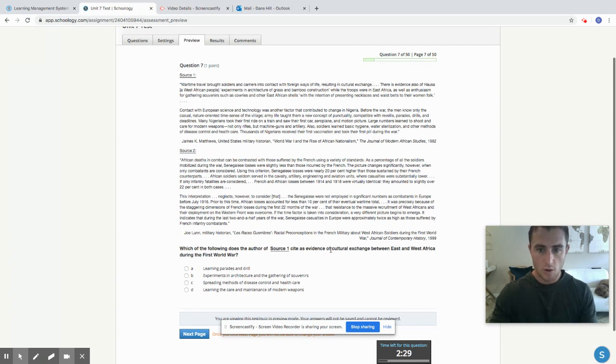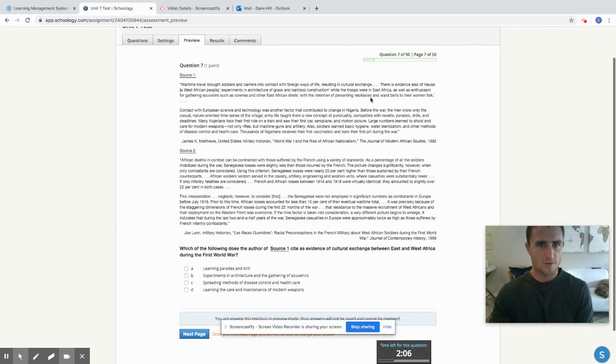It says, what do we have as evidence of cultural exchange? So there is evidence also of the Hausa experiments in architecture of grass and bamboo construction, while the troops were in East Africa as well as enthusiasm for gathering souvenirs such as cowries and other East African shells with the intention of presenting necklaces and waist belts to their womenfolk.